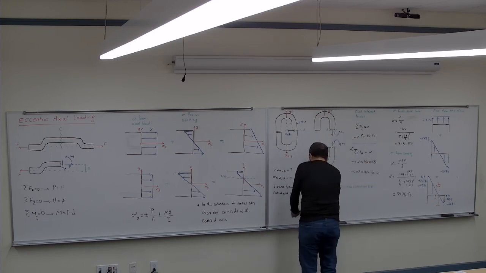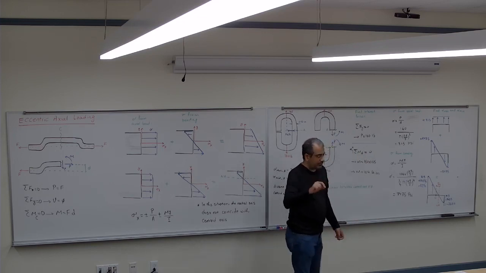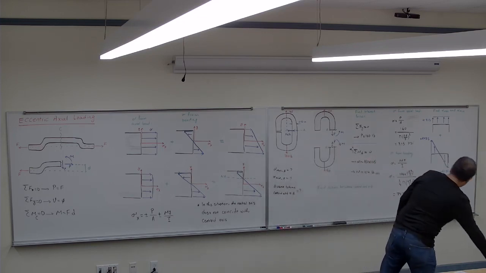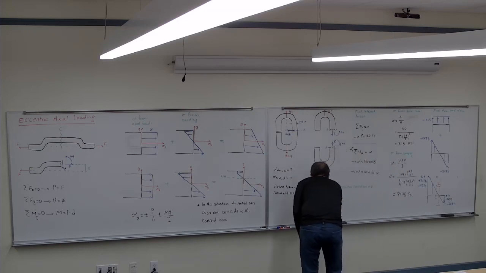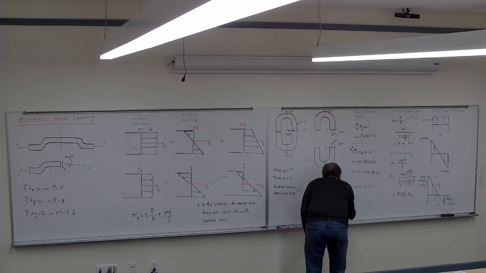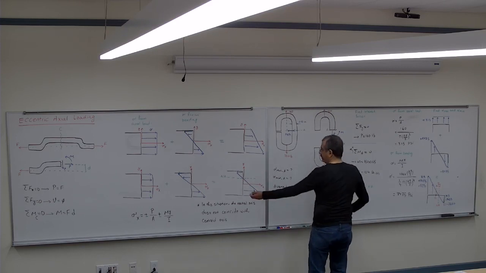So on the neutral axis, I know that the sigma would be 0. So I'm going to use that equation.